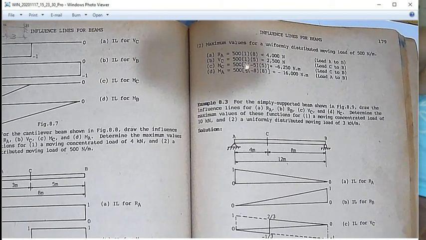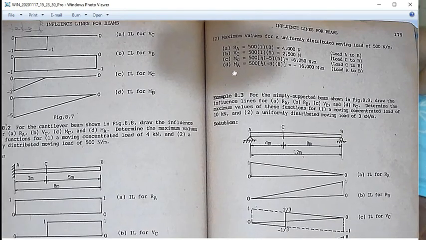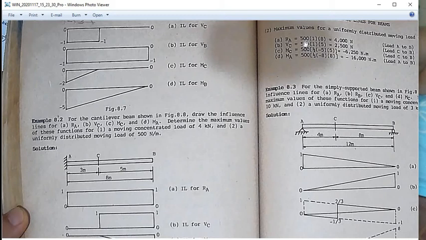And then, yung 500, yan yung uniform load. So, nag-cut tayo ng section dito sa support. So, pupunuin mo yung entire length ng 500 Newton per meter.